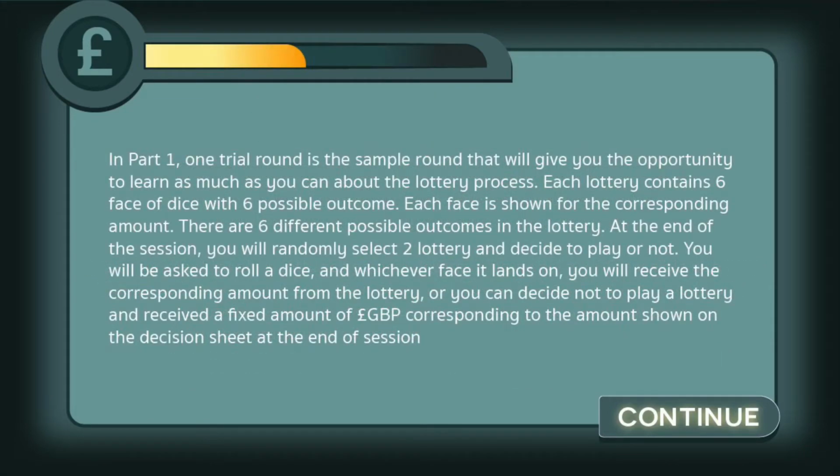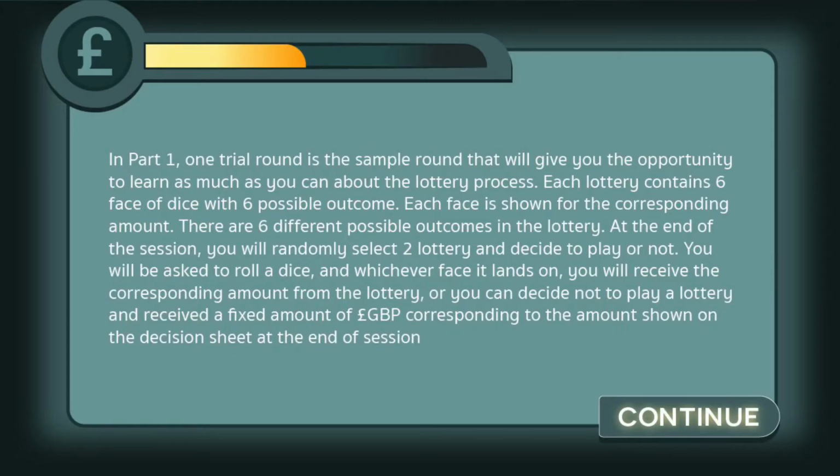In part 1, a trial round is a sample round that will give you the opportunity to learn as much as you can about the lottery process. Each lottery contains 6 faces of dice with 6 different possible outcomes in the lottery. At the end of the session, you will randomly select 2 lotteries and decide to play or not.